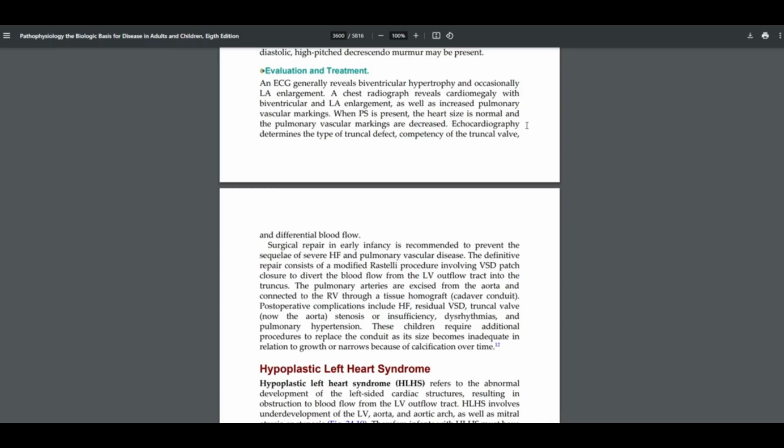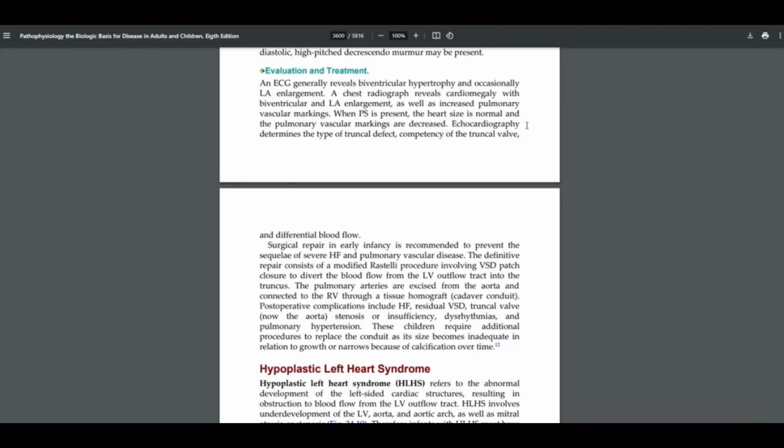The definitive repair consists of a modified Rastelli procedure involving VSD patch closure to divert the blood flow from the left ventricle outflow tract into the truncus. The pulmonary arteries are excised from the aorta and connected to the right ventricle through a tissue homograft, a cadaver conduit.